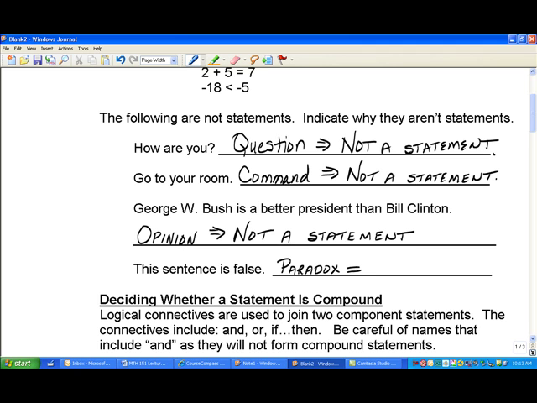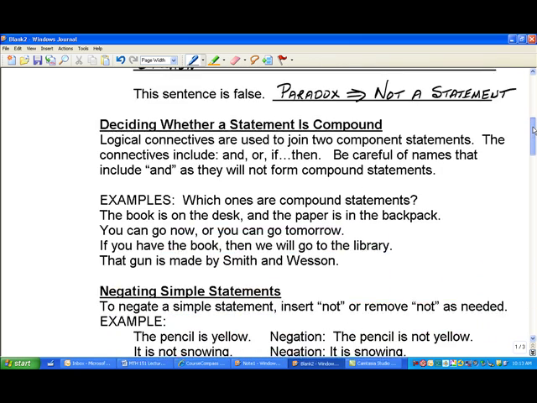So it's not a statement because it is a paradox. So we want a statement to be a declarative sentence that is either true or false, but not both simultaneously.